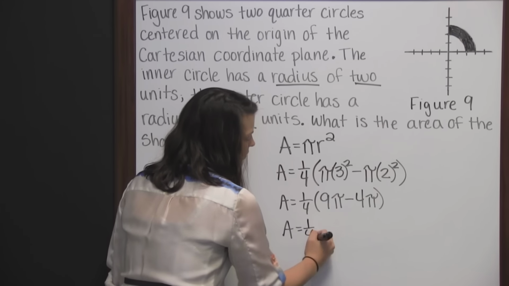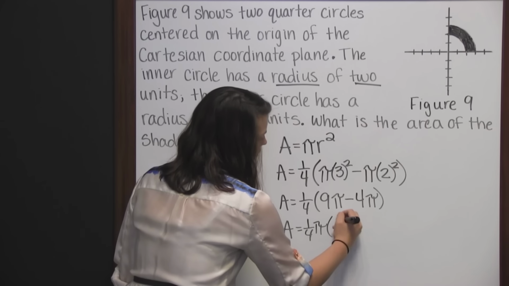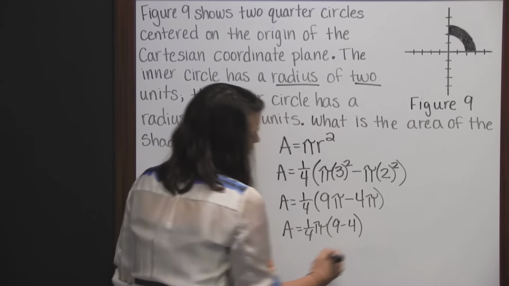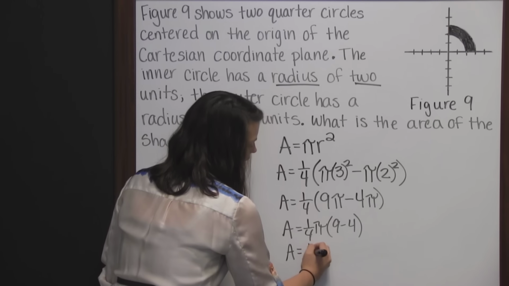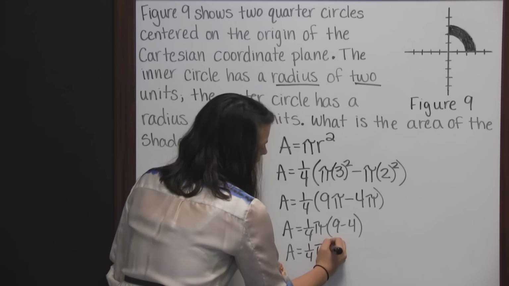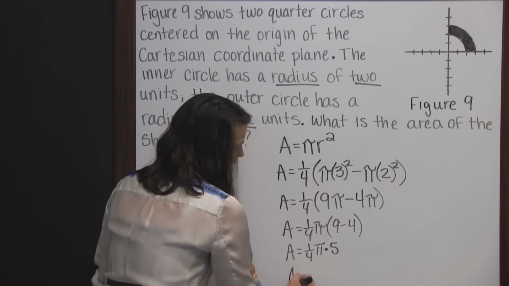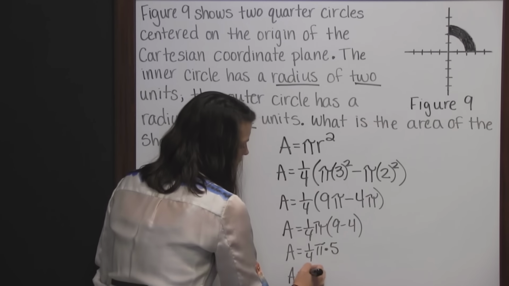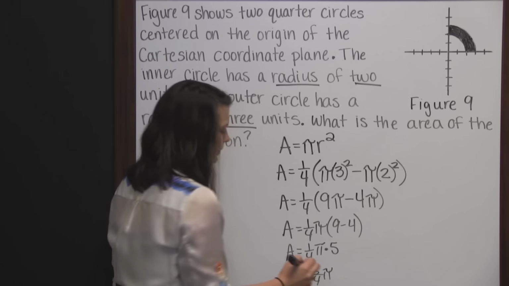So we get area equals 1/4 pi times the quantity 9 minus 4. And then we can simplify 9 minus 4, so we have area equals 1/4 pi times 5. And 1/4 times 5 is 5/4, so that's 5/4 pi.